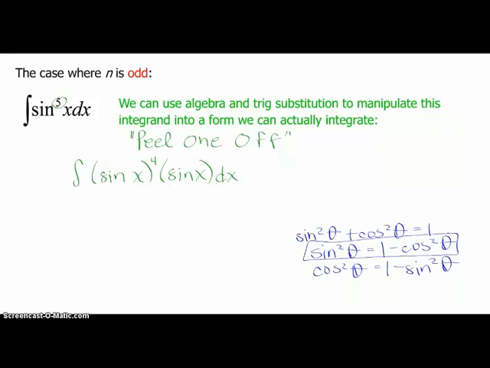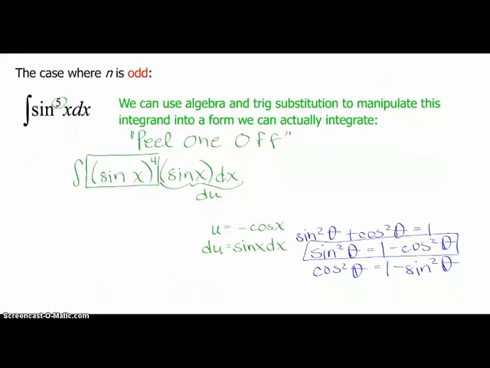So I'm going to peel one of those off, and I'm going to realize, or hope anyway, that I can use this as du. Well, if du is sine of x dx, then I realize that u is going to have to be something involving cosine, right? So I need the rest of this.